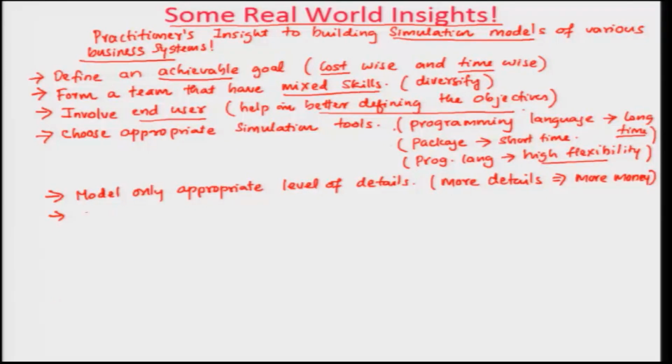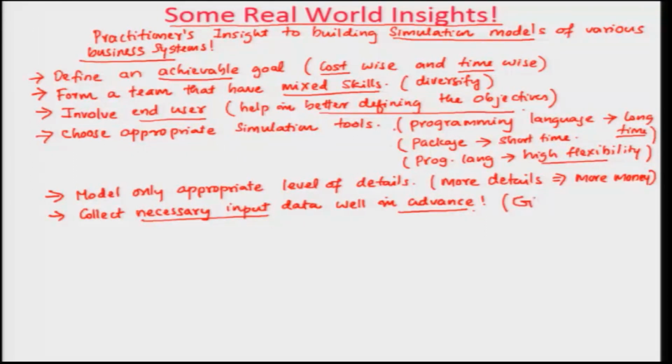Okay. Then collect necessary input data well in advance. As early as possible, whatever the necessary input data, collect at the earliest, because otherwise this principle GIGO is very true.